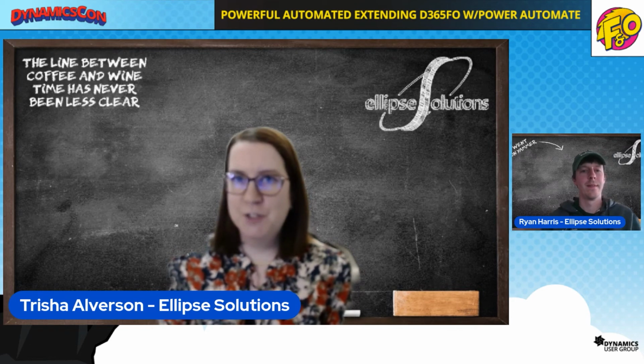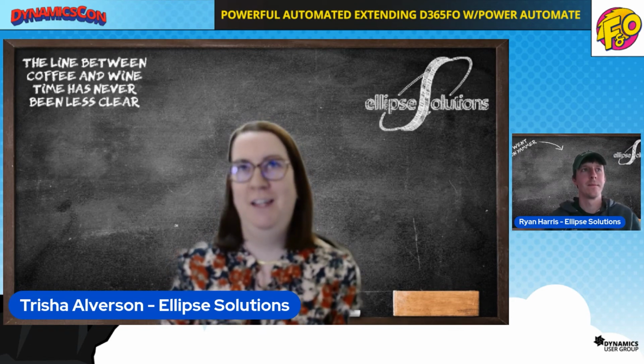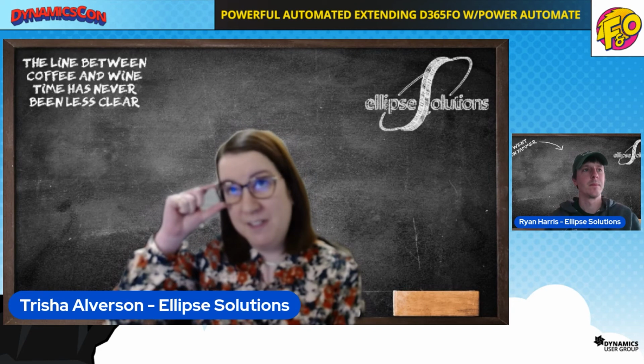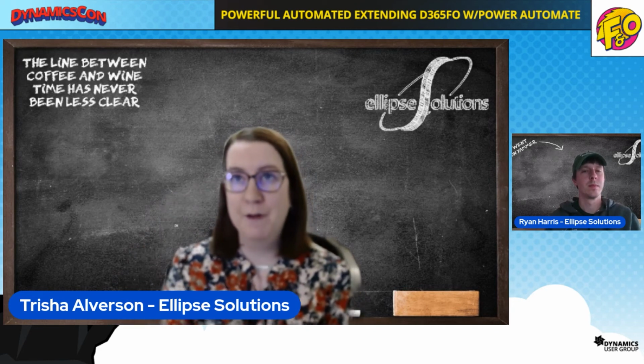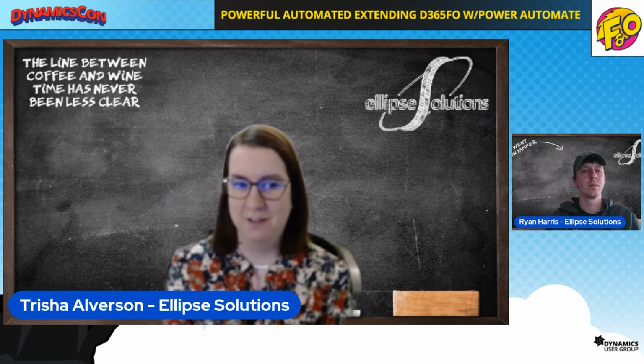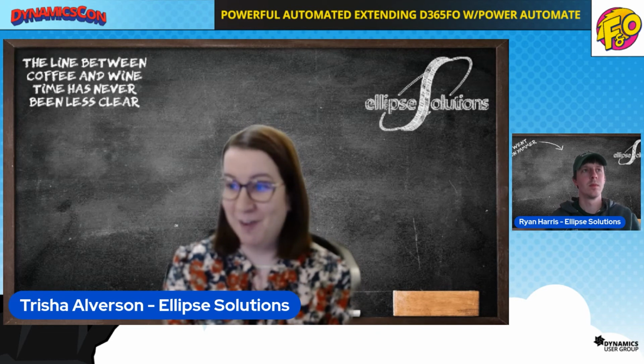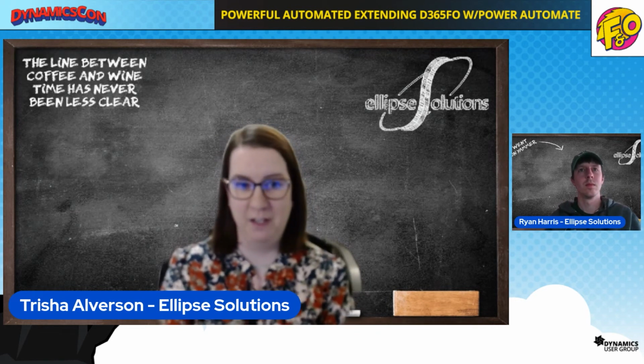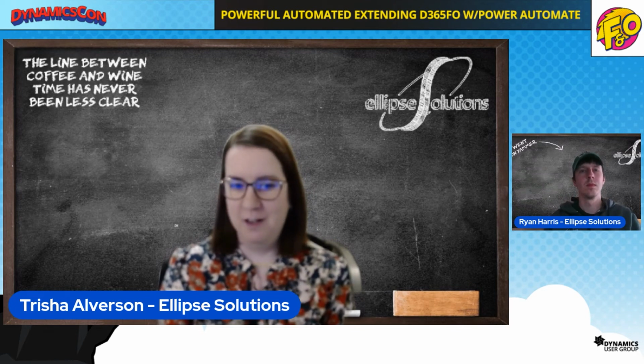So that gets tricky, and I'm trying to think off the top of my head how you would even set that up in F&O, because most of the time it's going to be based on users in F&O, because the workflow itself is normally encapsulated within F&O.